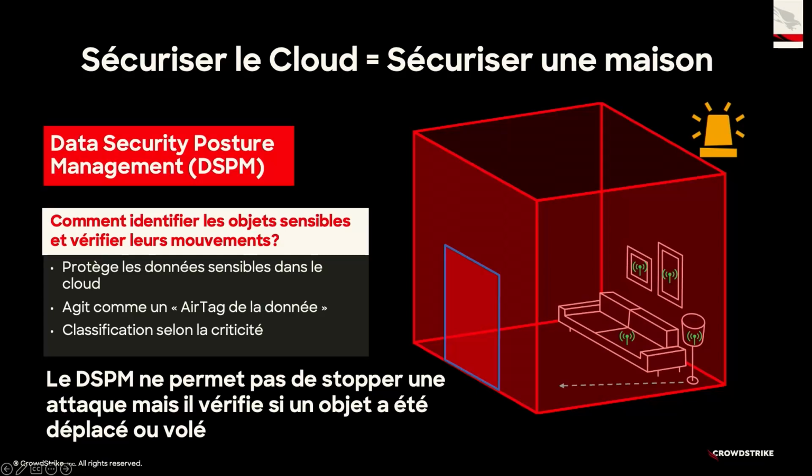It would be logical to put a label on it and an air tag, and if you see your painting moving by itself, there is a problem. This is what we do with DSPM. We watch the data flow moving in the cloud environment, and if some data are at risk, if some of the data are where they shouldn't be or are being exploited, it is interesting.